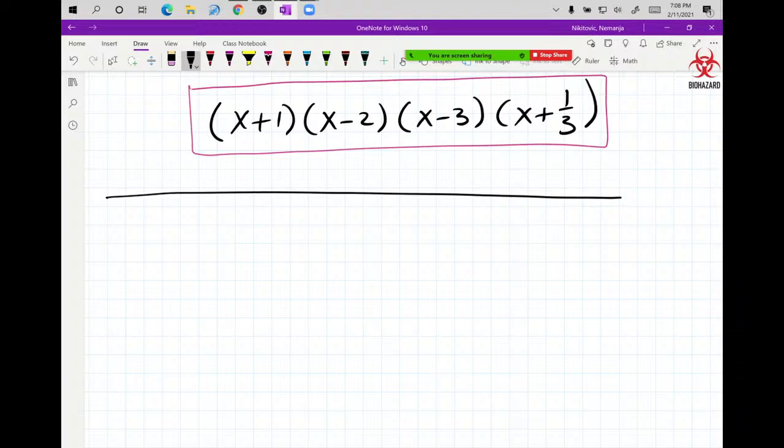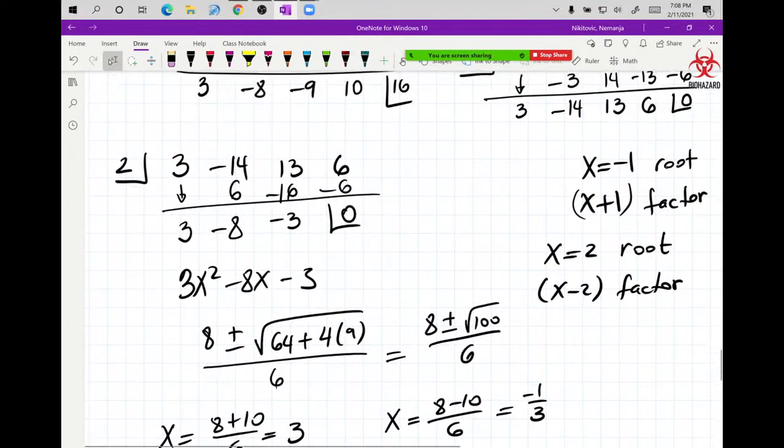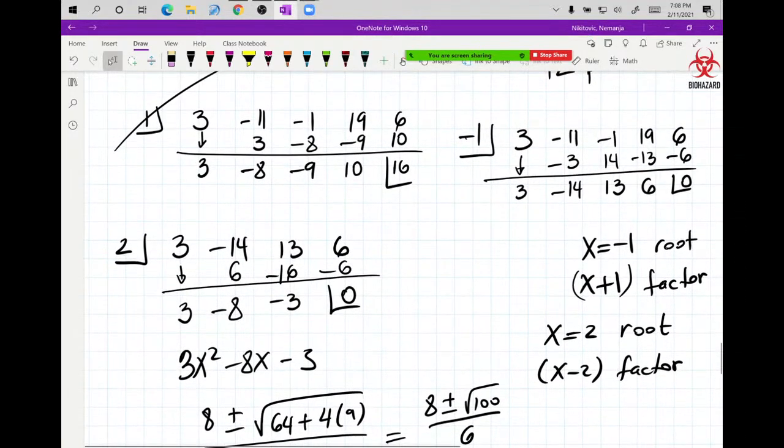Oh wait, Professor. Sorry if you answered this or if it's a dumb question, but does the leading coefficient tell you how many roots there are? Like this past problem, it was 3x to the 4th, and we had 4 roots, I think. Yes, it's not the leading coefficient; it's the leading term, the power. The power of the root.